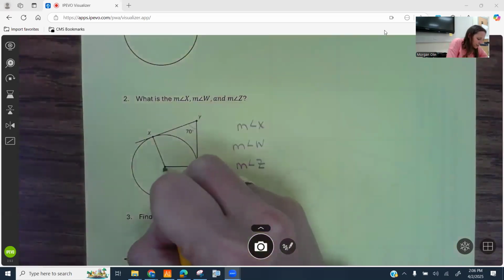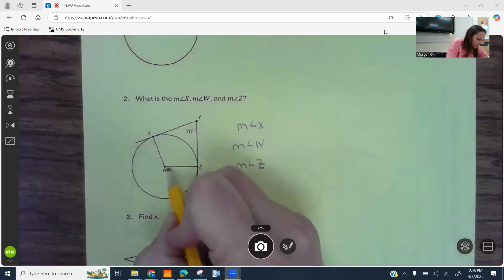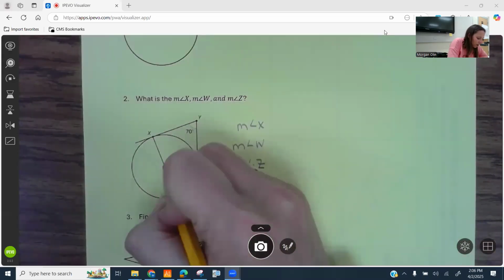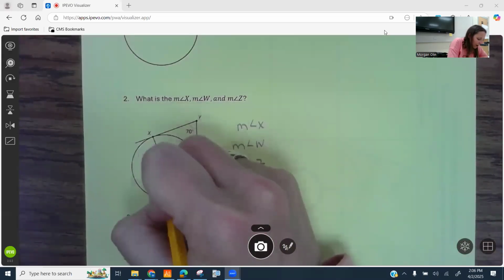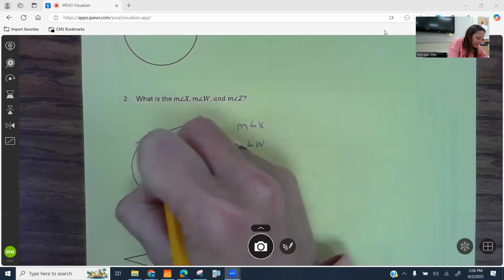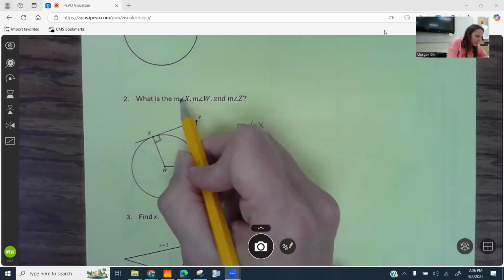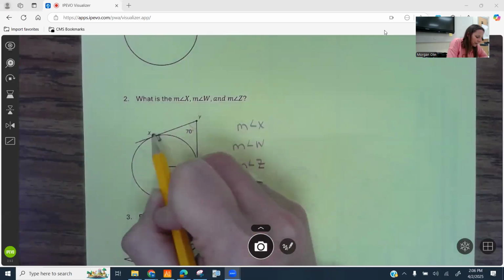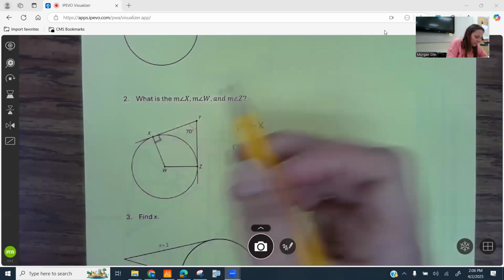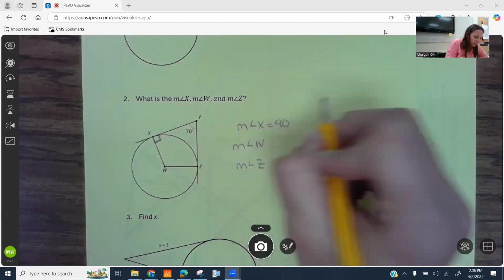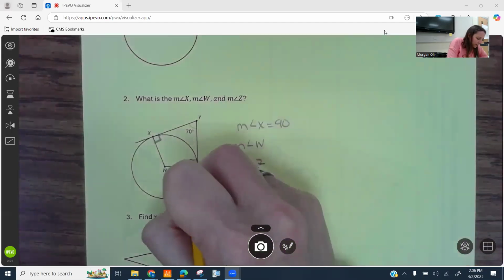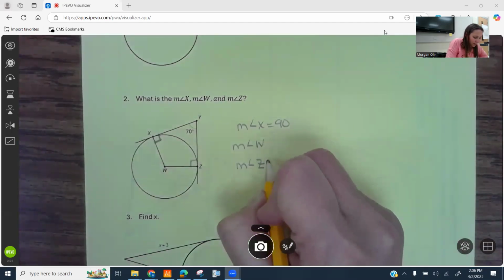I know this is the center of the circle, because there's a dot in the middle. When it's a radius right here, and this is tangent, then guess what? That's 90 degrees. I know it just says measure of angle X, but really X could be either way. So that's 90 degrees right there. Same thing right here. This is 90 degrees as well.